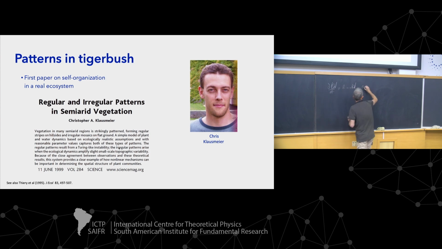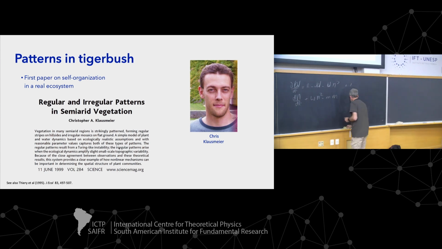And then there is dN for the vegetation, which is W times n squared minus mortality times m, and then plus, here no parameter, just the Laplacian operator times n, plus some factor, let's call it alpha, times W and n. I keep mixing the n's and the w's.